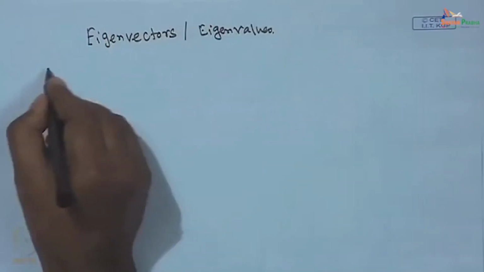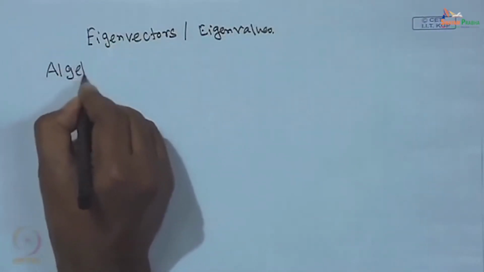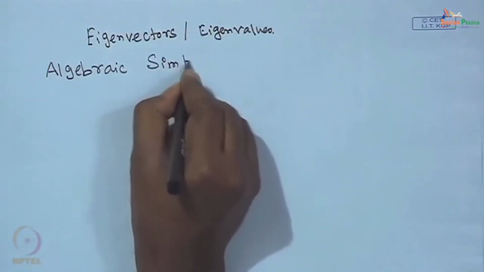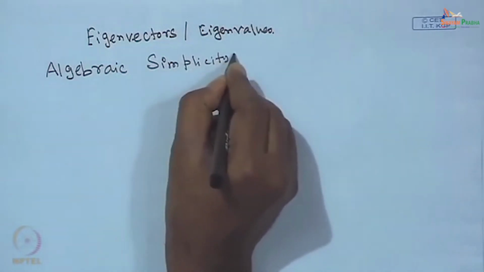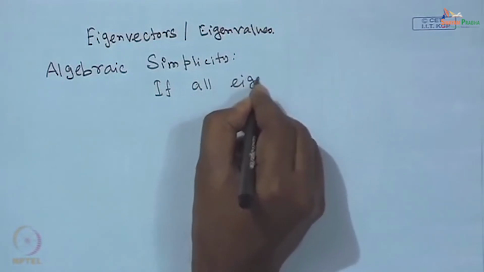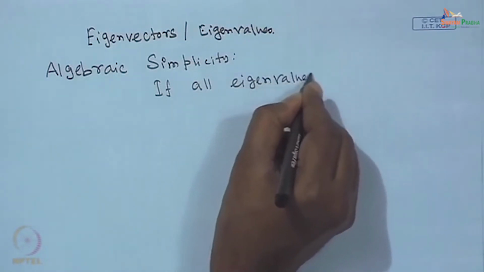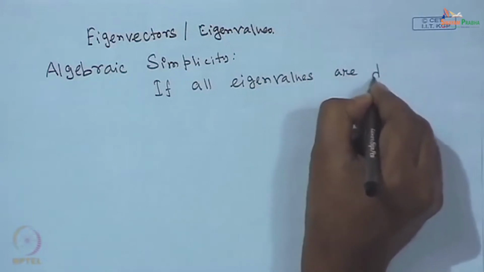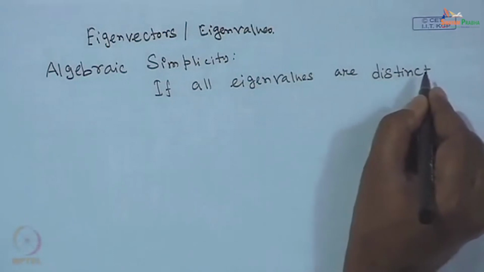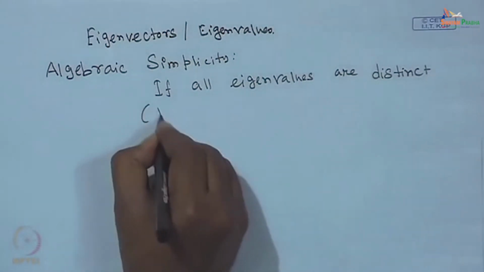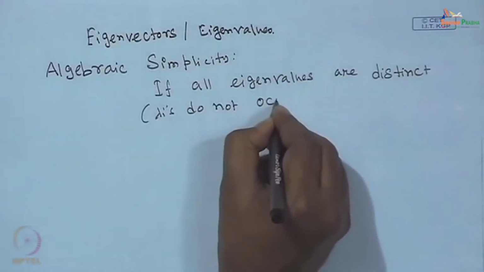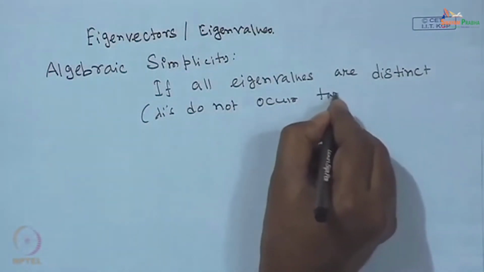Now, there is something called algebraic simplicity. If all eigenvalues are distinct, they are not repetitive, that means lambda i does not occur twice repeatedly.